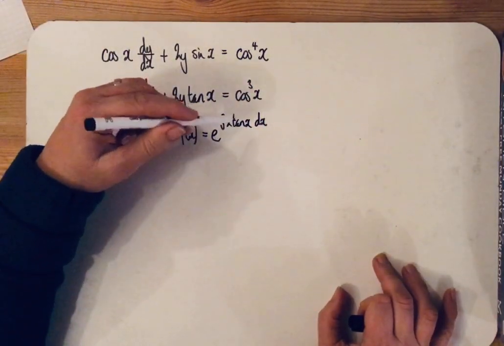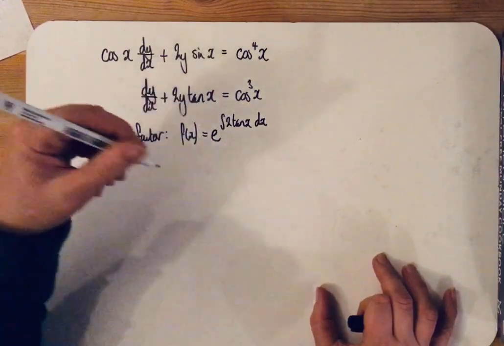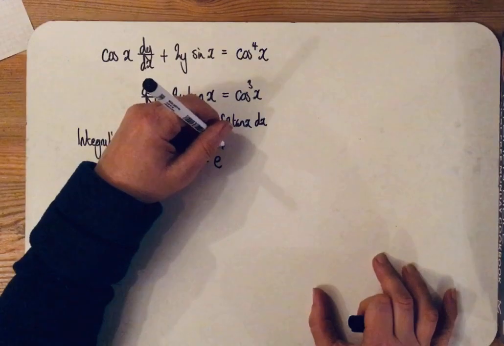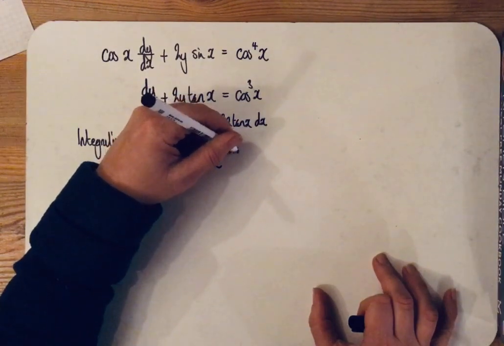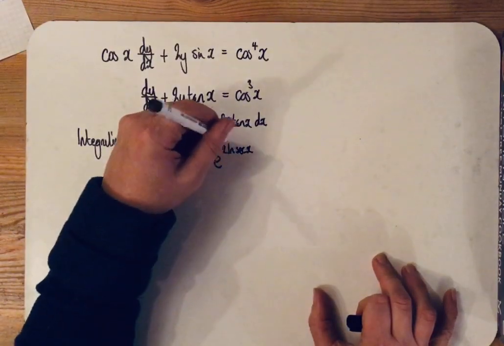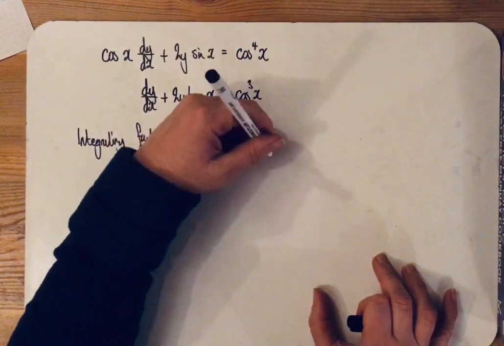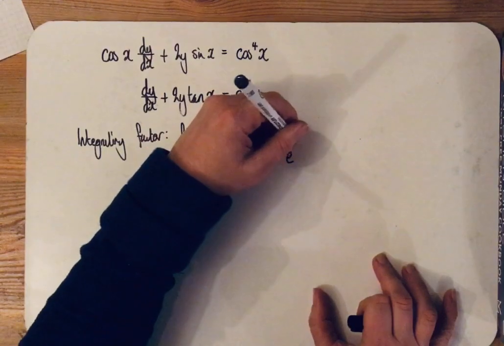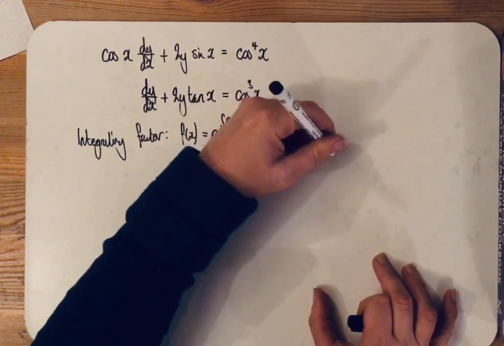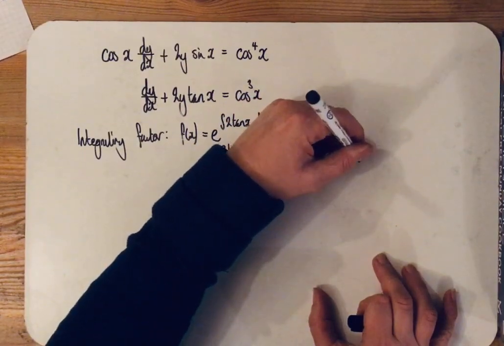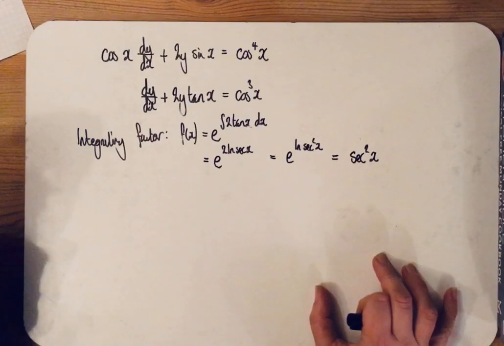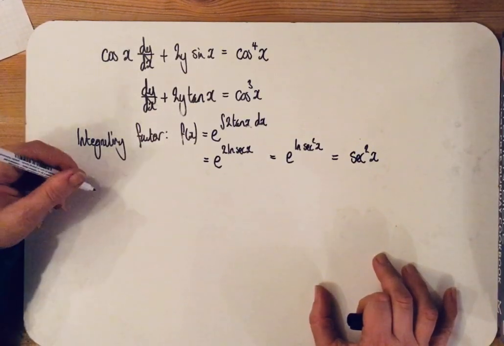Tan integrates to ln of sec x, so this is equal to e to the 2 ln sec x. I can bring up this power, so that's equal to e to the ln of sec squared x, and then we've got inverses, so that goes to sec squared x. So my integrating factor is sec squared x.